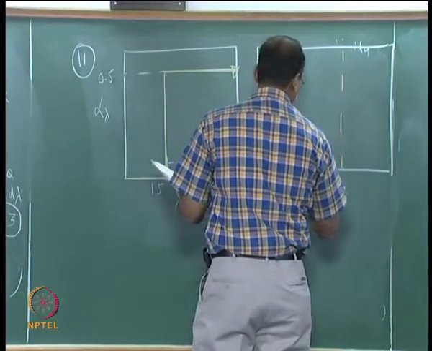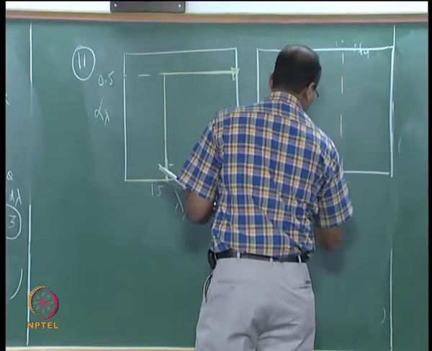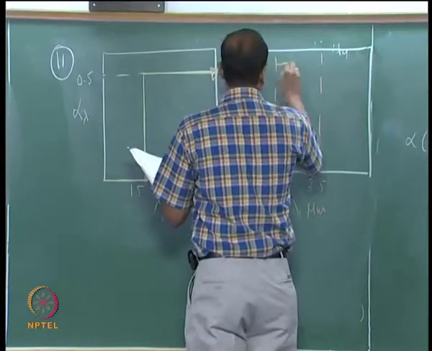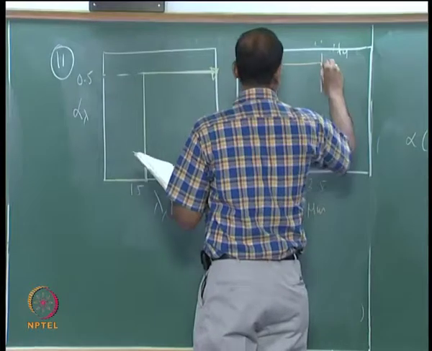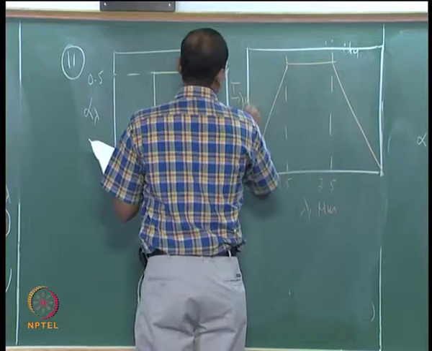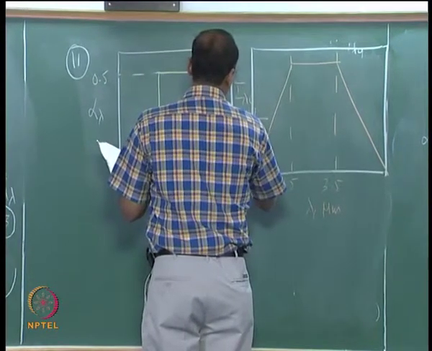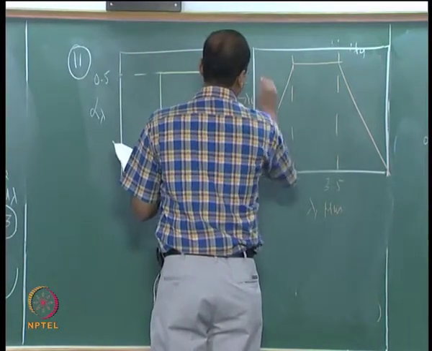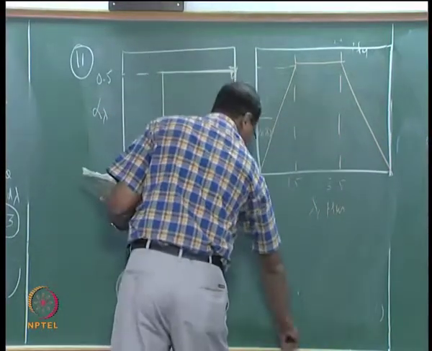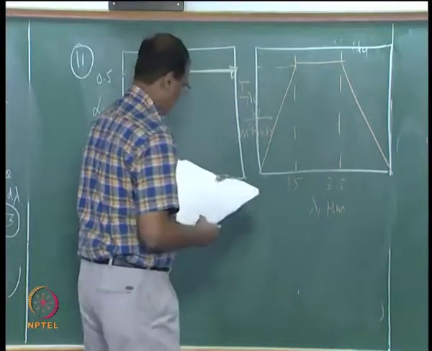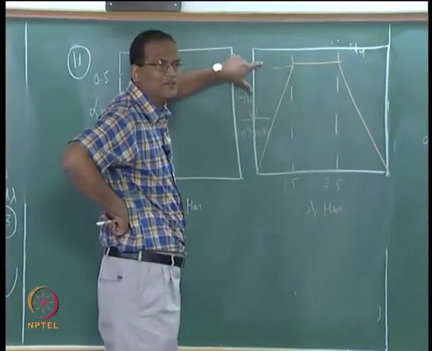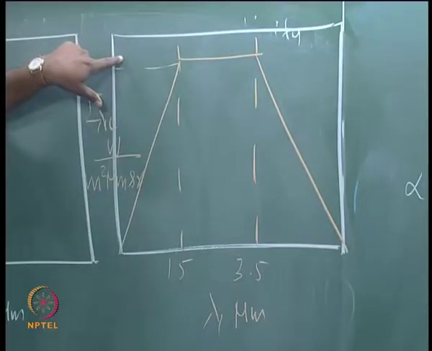Let us make this 1.5. So, this I lambda I in watts per meter square micrometer, okay. So, tell me a good number for this. 10?